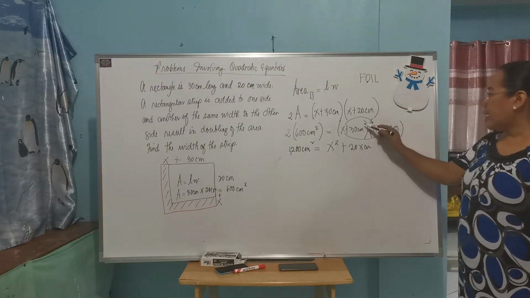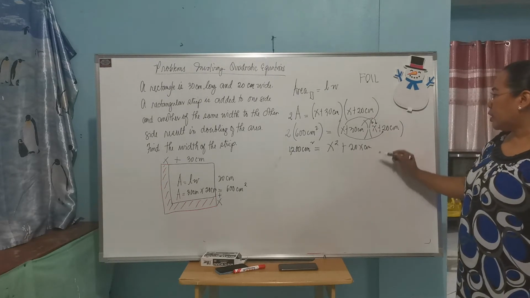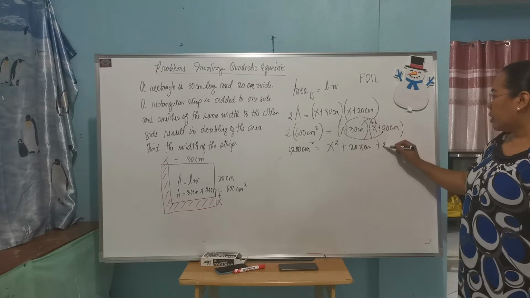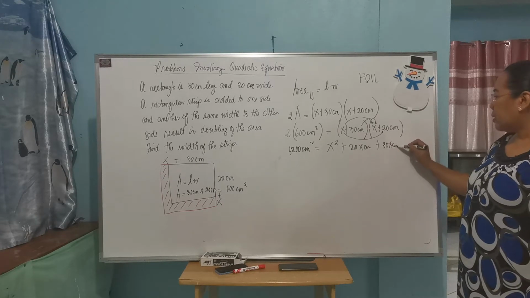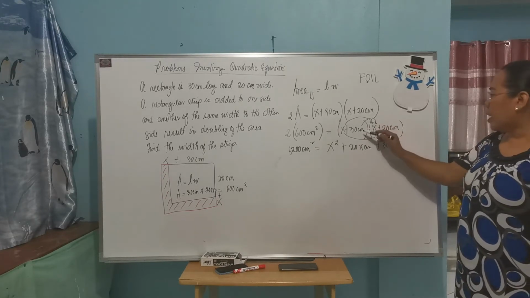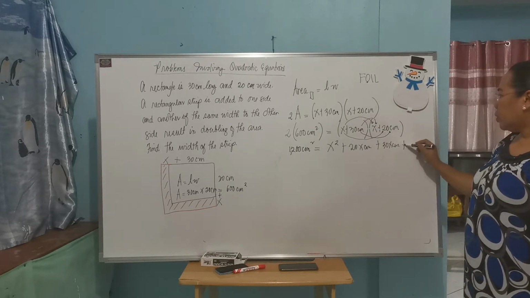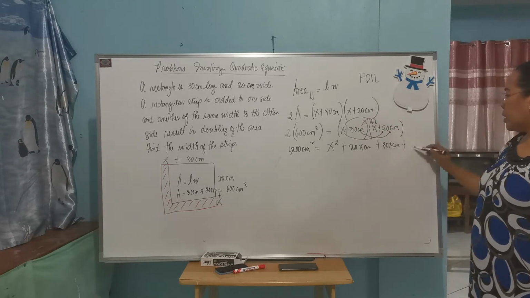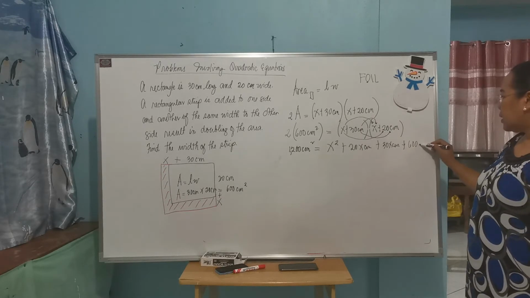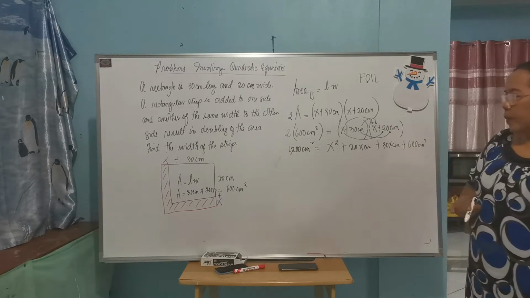Okay? And the inner times the inner. So this would give us 30x centimeters. And then we have the last and the last. That is your L. That would be 30 centimeters times 20 centimeters will give us 600 centimeters square.